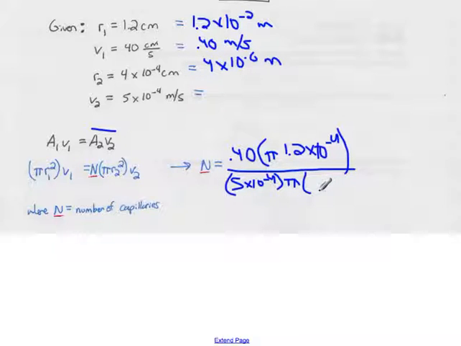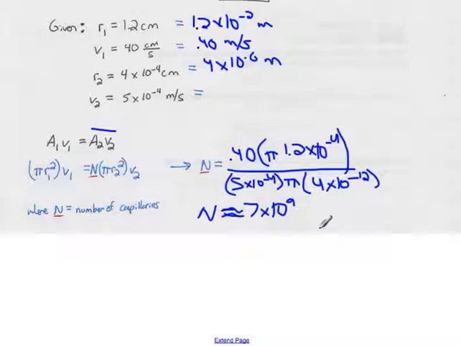So then we've got a pi and 4 times 10, and since we squared it, negative 6 becomes negative 12. However you want to enter that in your calculator, you get the number of capillaries in the body. I should put an approximately equal sign. This is just an estimate because we made some assumptions, like the fact that they're all the same size.